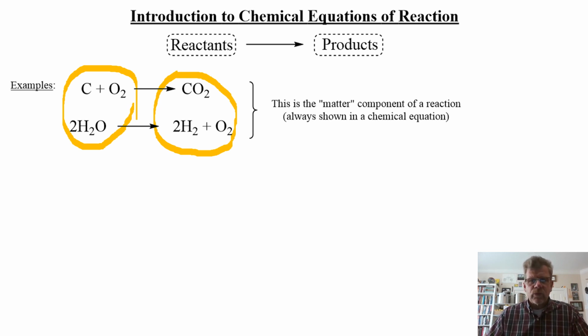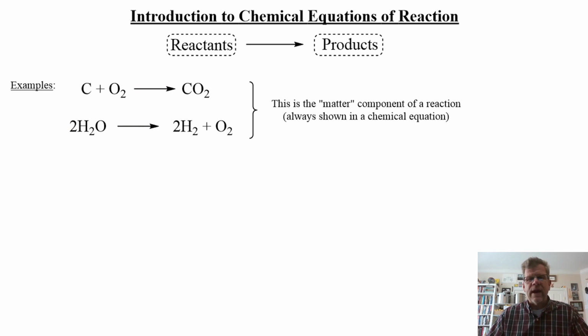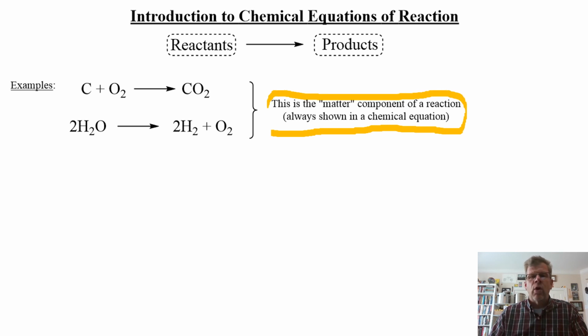Since there are two things in the universe, matter and energy, almost always we only express matter in a chemical equation of reaction. The matter component of the reaction is always shown, to the exclusion of the energy component, which virtually always is there.